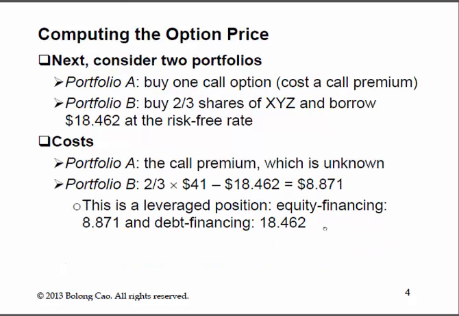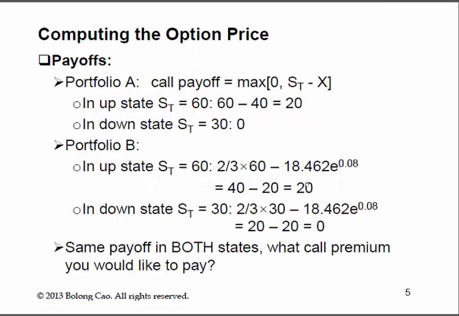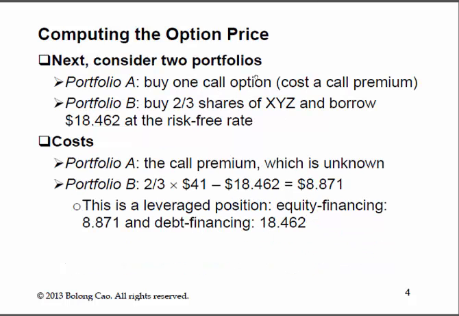And remember, it cost us $8.87 to set up portfolio B because we borrowed the rest at $18.46, right, at 8%. Then, what does that say about our call premium, right? For the call option, you pay the premium. For portfolio B, you pay $8.87.